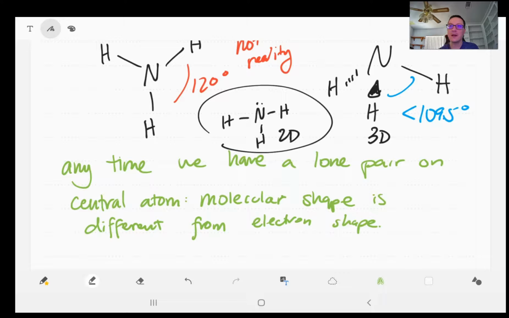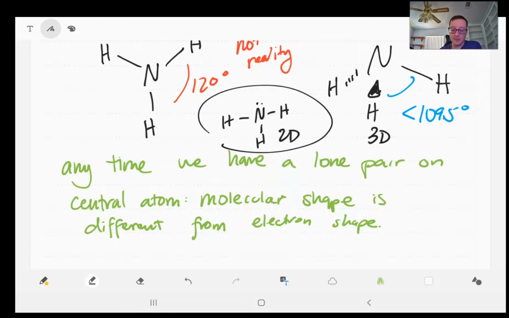Okay, so Aaron, we kind of just went over yours as well. The difference between molecular geometry and electron geometry only changes when we have a lone pair on our molecule. Because lone pairs are so small, we don't see them, but we do see the shapes afterwards. We can still predict these bond angles, and the bond angles do work.